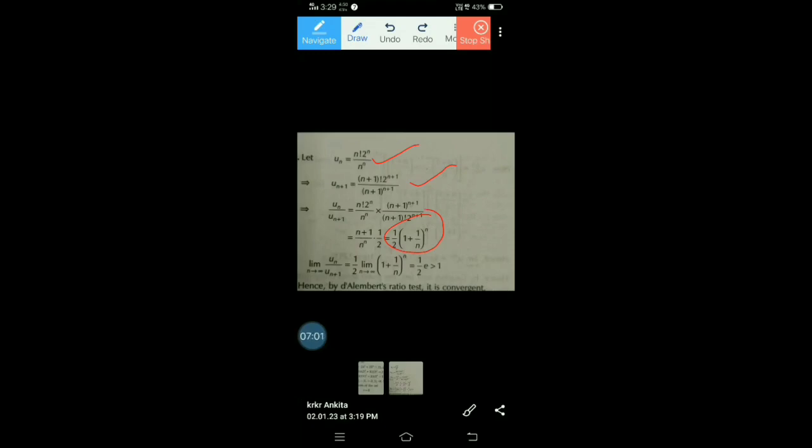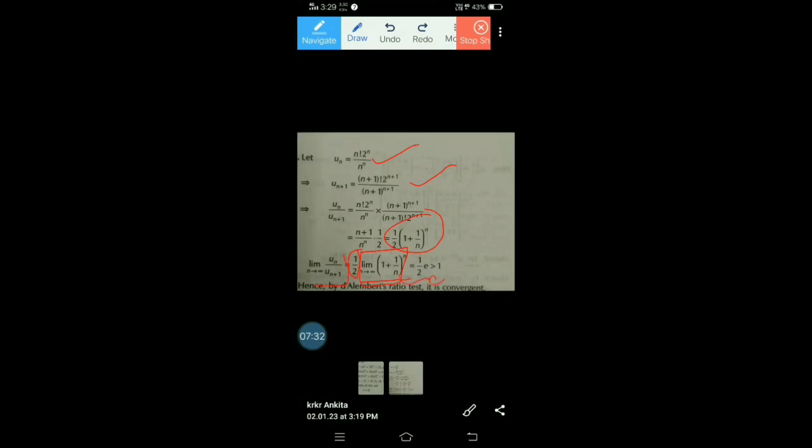Now applying the limit on both sides, we get the limit n tends to infinity of un upon un plus 1 equal to the limit of 1 upon 2 into (1 plus 1 upon n) raised to n. 1 upon 2 is constant, and we know that the limit of (1 plus 1 upon n) raised to n is equal to e.